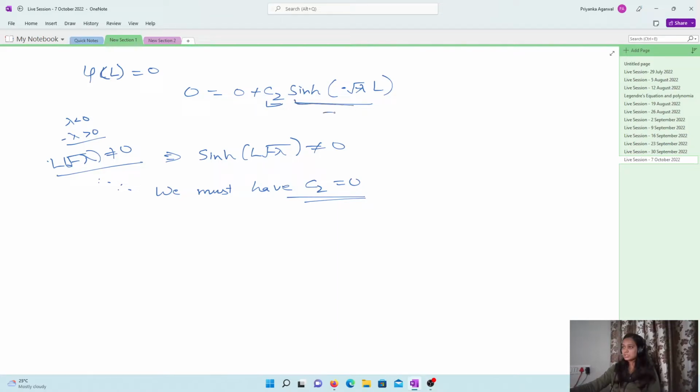This cannot be 0, therefore c2 has to be equal to 0. Therefore, we get the trivial solution in this case.